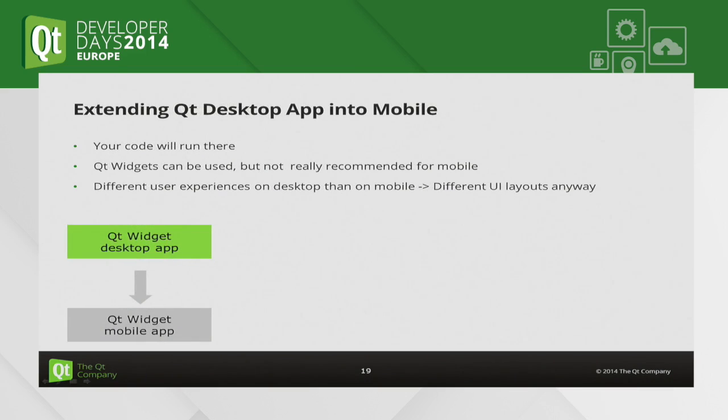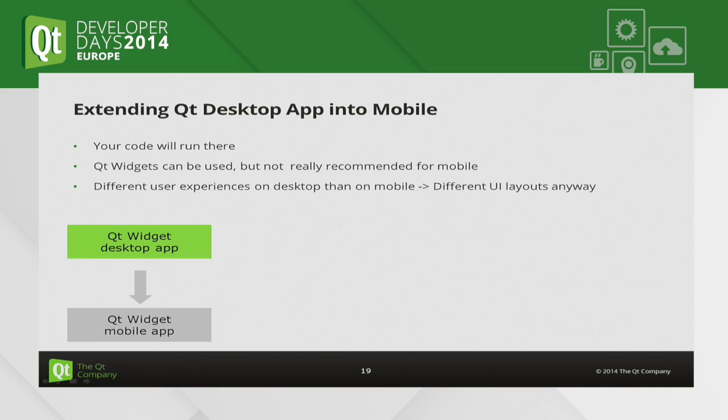However, what makes migration difficult is that even though your code will run there, the Qt widgets are not really recommended for mobile, whereas most desktop apps are made with Qt widgets. Now, there are several different approaches here.